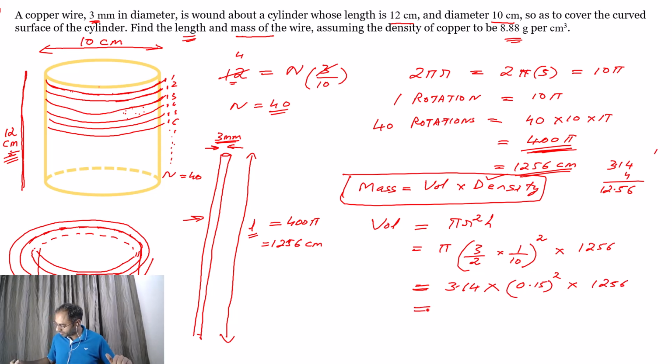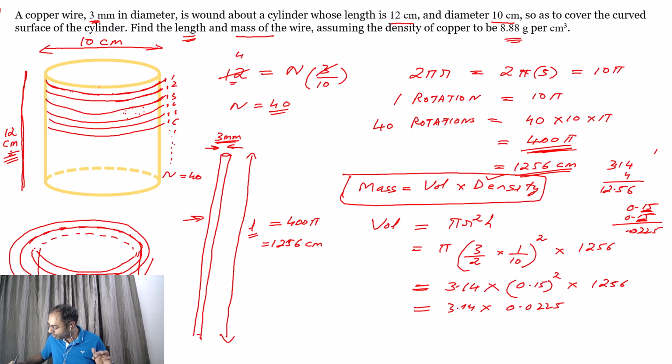So equal to 3.14 into 15 square, which is 225, so it will be 0.0225, because 0.15 into 0.15 has 2 digits after the decimal each, so I need to have 4 digits after the decimal.